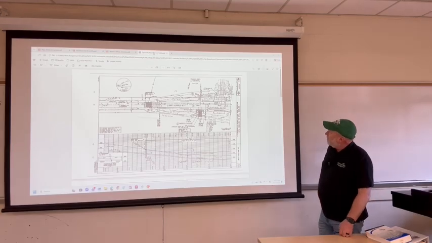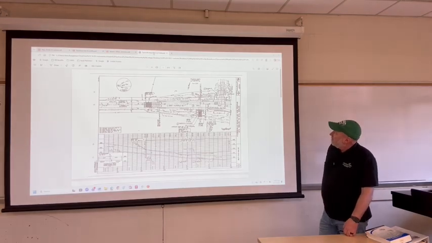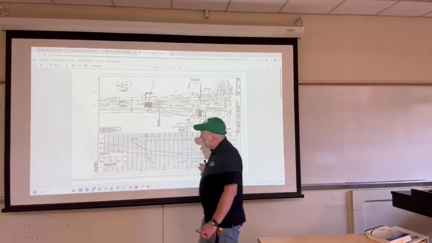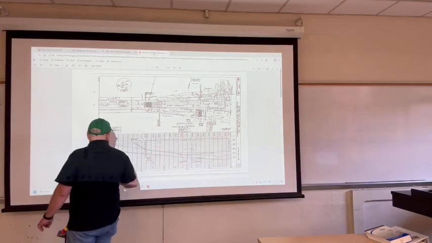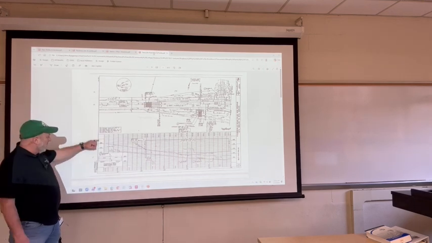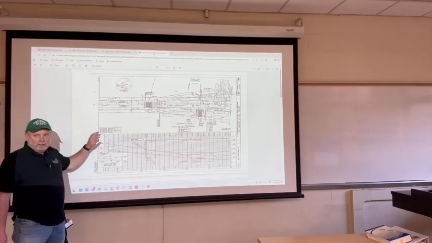Do we have a scale listed on here as well? Your horizontal scale looks like a 20. Typically, this should be listed here as well. Your x-axis, your stationing, is going to be at one scale. Your y-axis, your elevation, is usually a different scale.